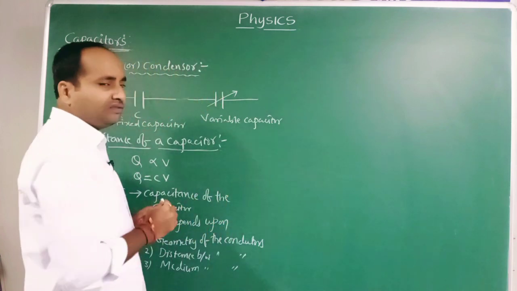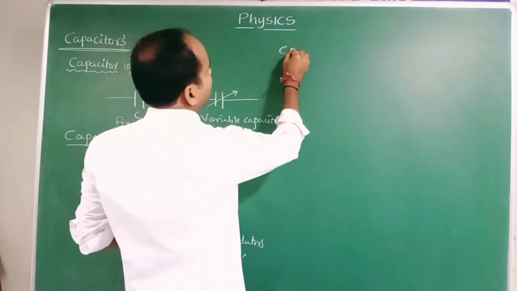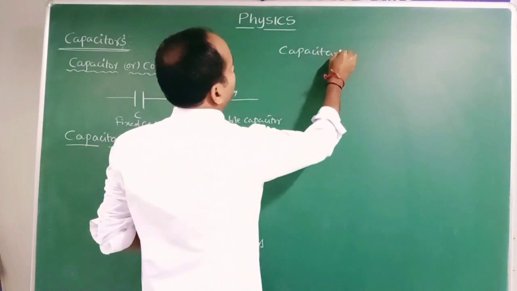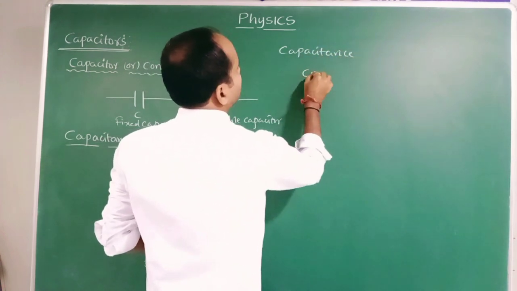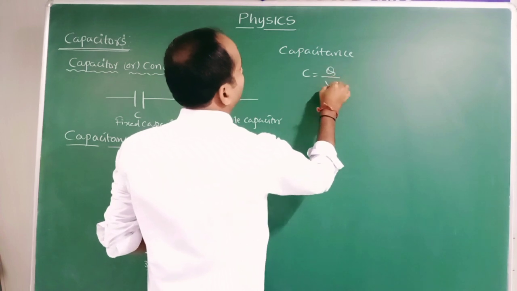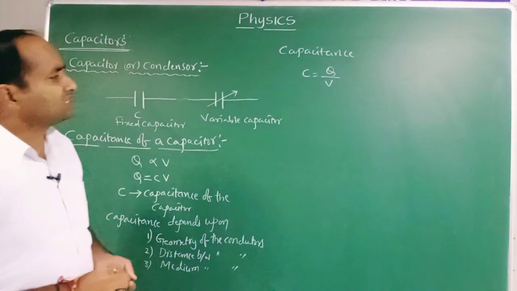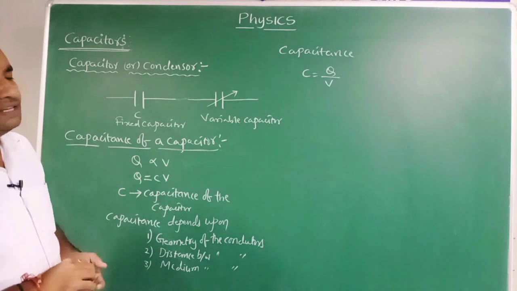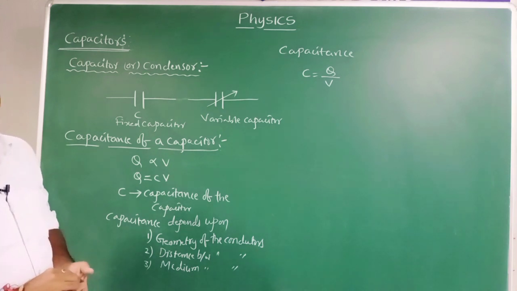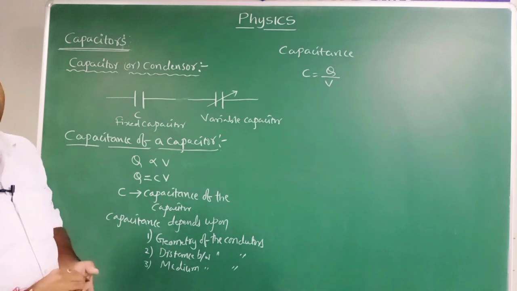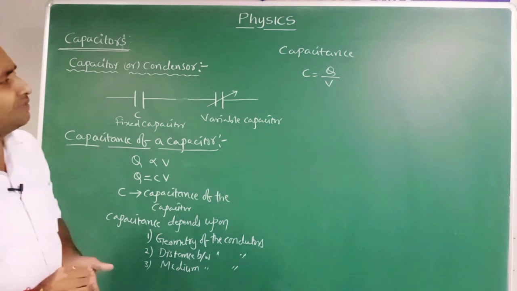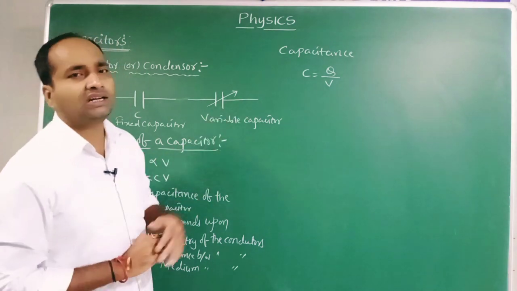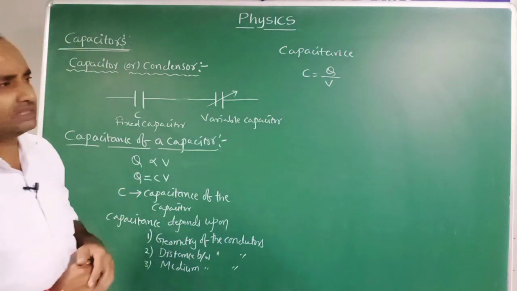From this equation, capacitance C = Q/V. The ratio of the charge of the capacitor to the potential difference between the conductors is called capacitance.